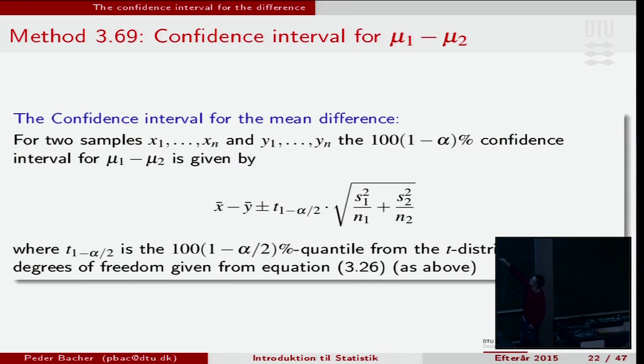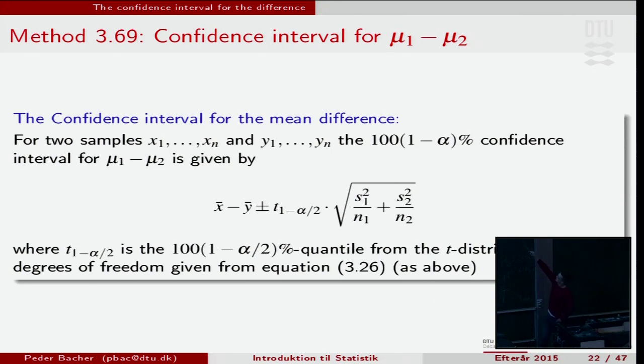The confidence interval is calculated by taking the sample mean, so the average of each sample, and the difference, x1 bar minus x2 bar, and then plus minus the quantile in the t-distribution times the square root of the sample deviation from one sample divided by the number of observations from that sample, plus the sample deviation from the other sample divided by the number of observations from that sample.